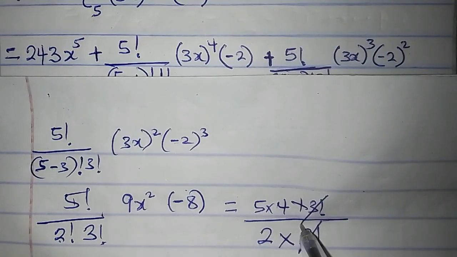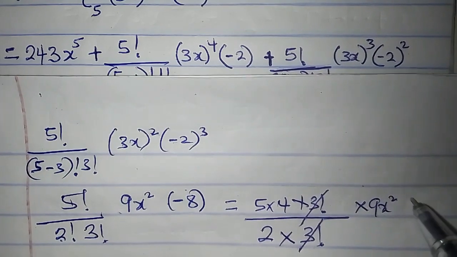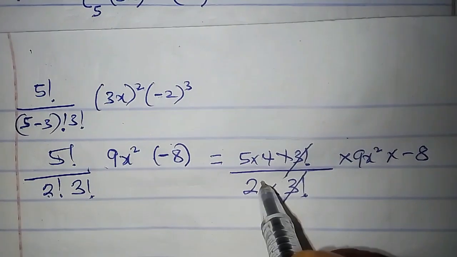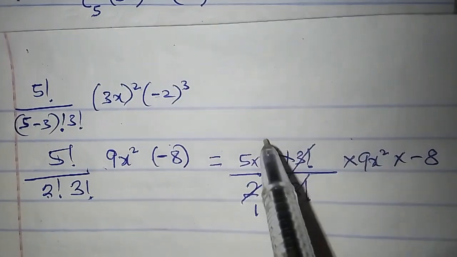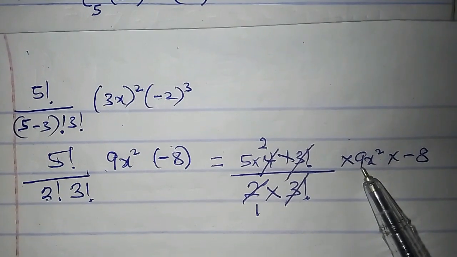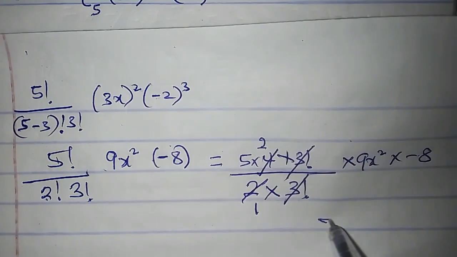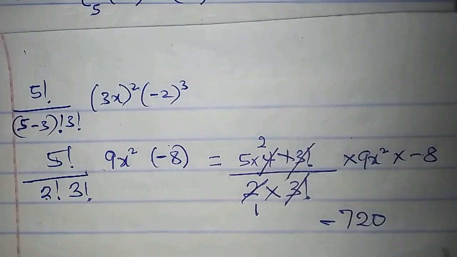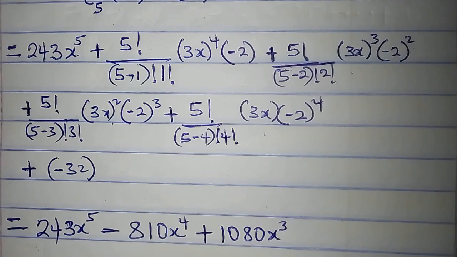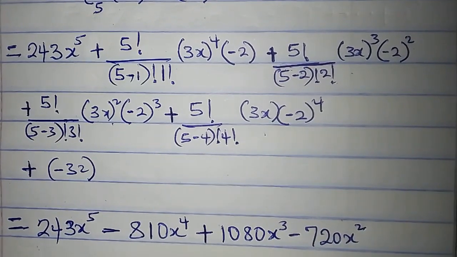Then times the 9x squared times minus 8. 2 here is 1, 2 here is 2. 5 times 2 times 9 times minus 8 is minus 720, then times x squared. So this is minus 720x squared.